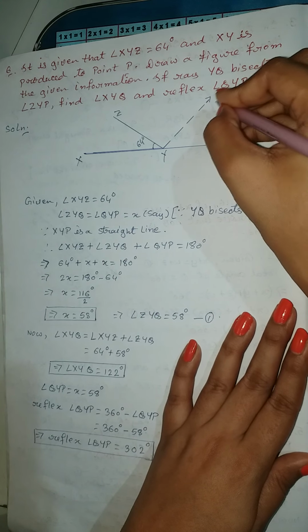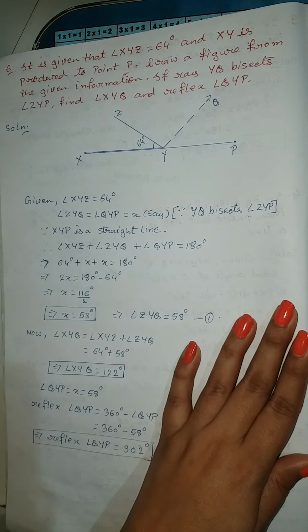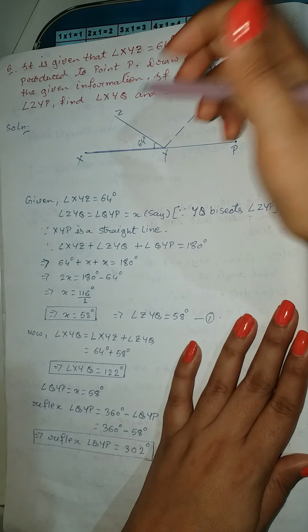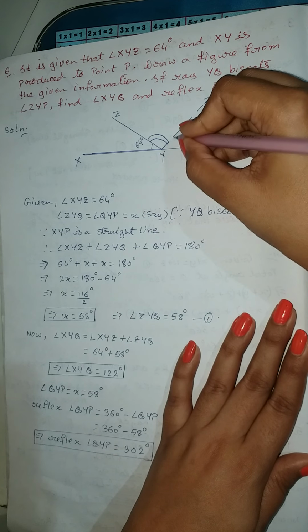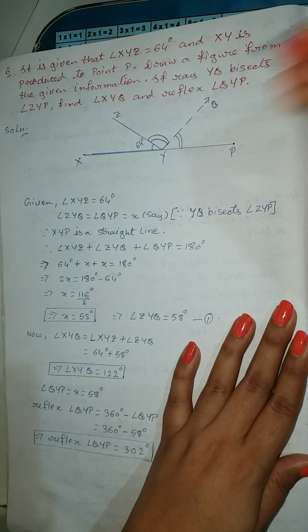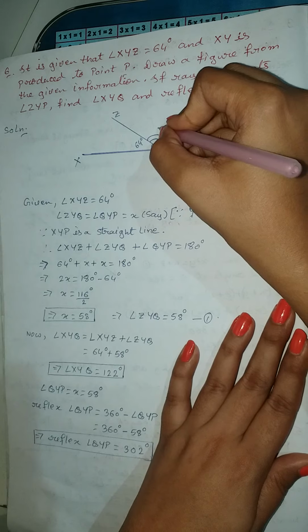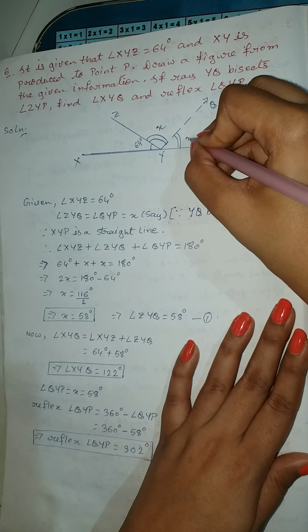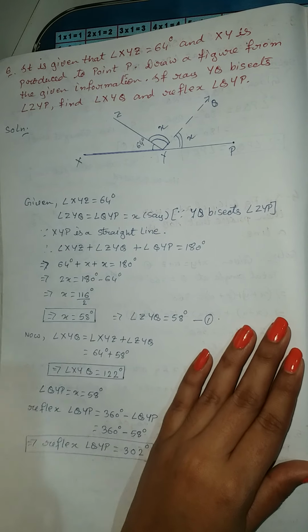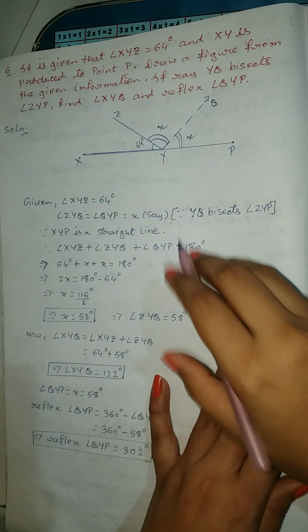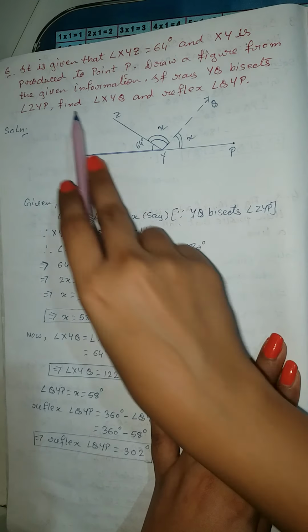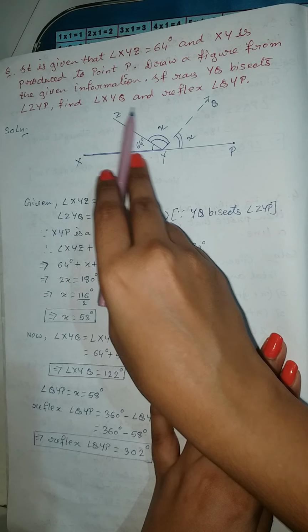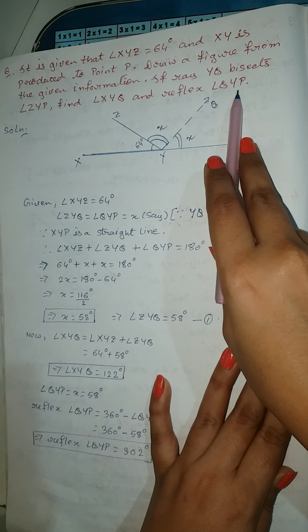So YQ is bisecting this angle. So this angle is equal to this angle. Let this be X. The value of this angle is also X. Is it clear? So now if ray YQ bisects angle ZYP, find XYQ and reflex QYP.